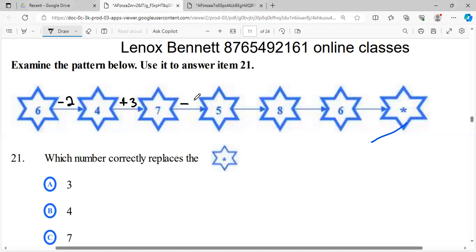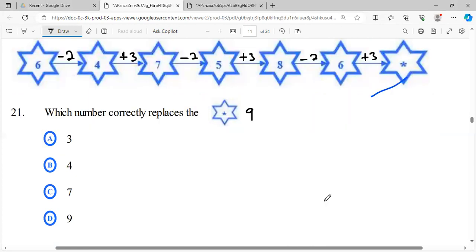Minus 2, alright, so we can see that the pattern is true: minus 2, then you add 3. So that means you add 3 to 6. So that's 9. It should be 9. I'm not seeing 9 as an option as yet. Alright, so that would be D. So the first one is D.